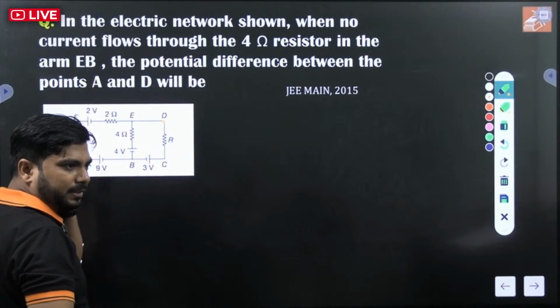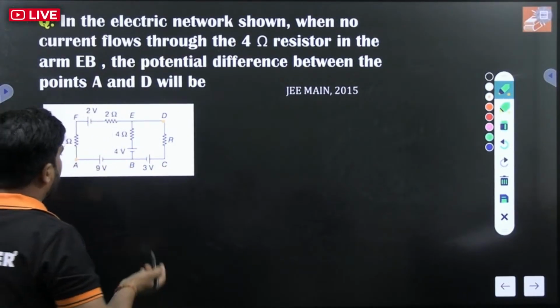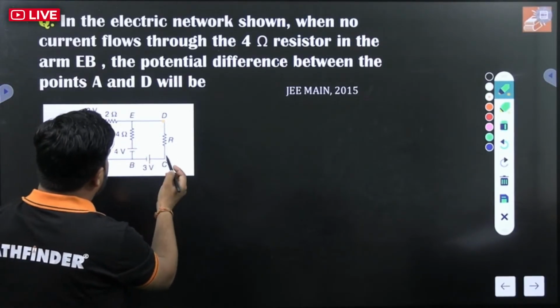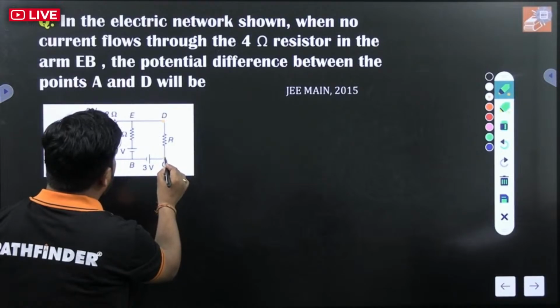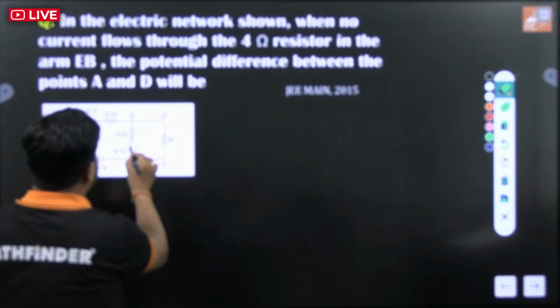I'll give you two methods. So both ways you can reach the solution. You can start by this. Let's start from C and let's reach D. I'm starting from C and I'm going in this direction.